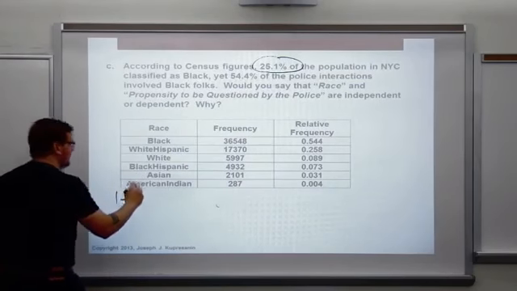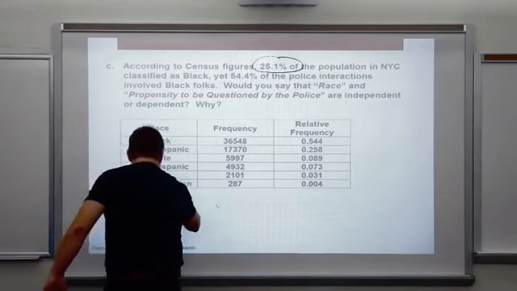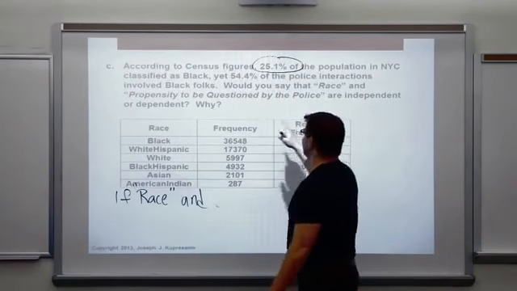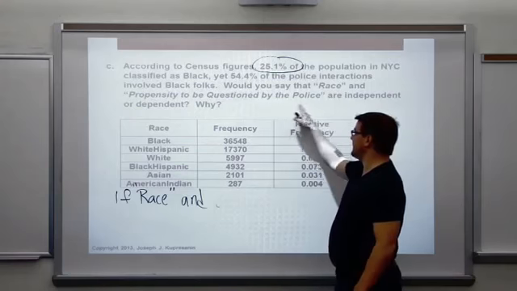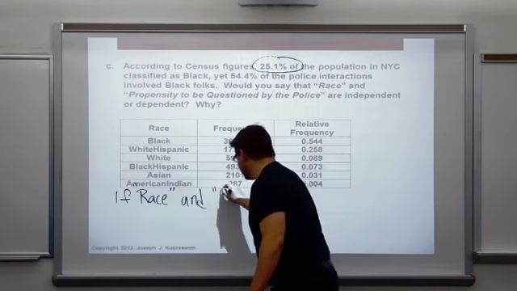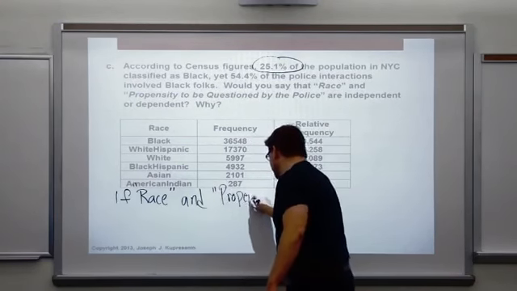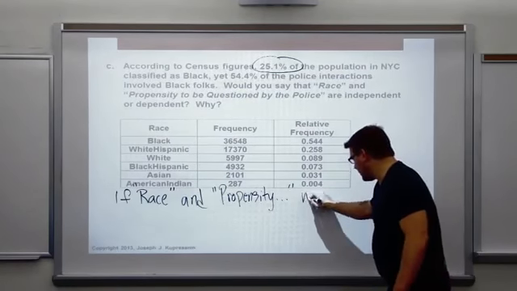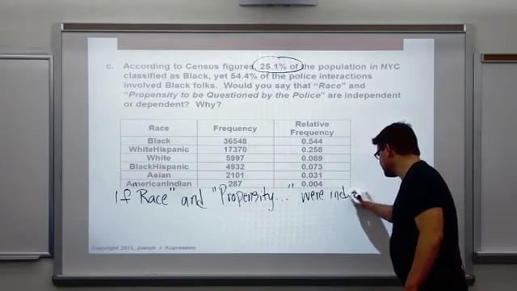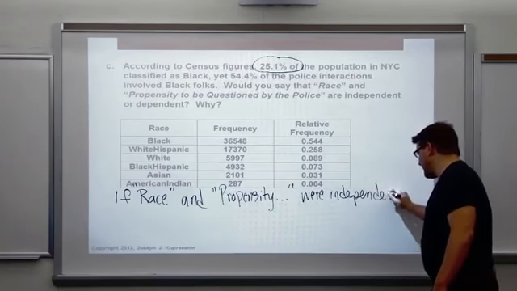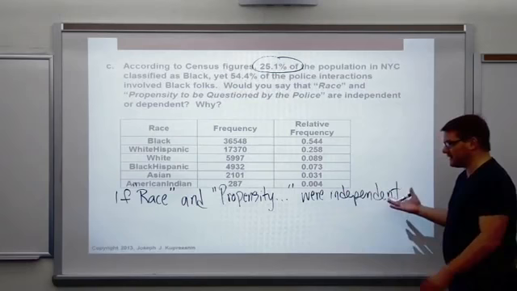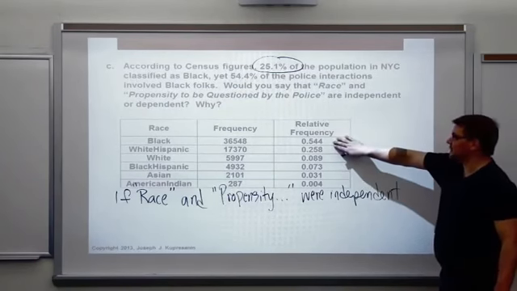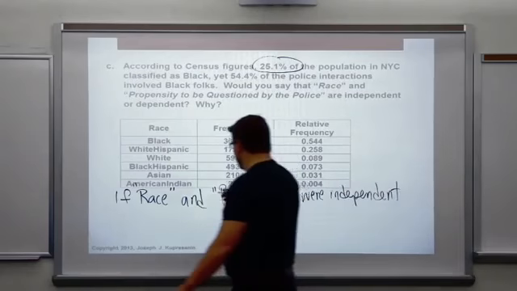If race, that's one of our variables, and propensity to be questioned by the police, I'll just call that propensity, you know what I'm talking about, were independent, which means race has nothing to do with your chances of getting questioned by the police. If they were independent, this should be close to 25%, right?